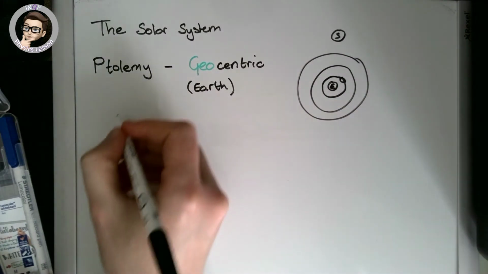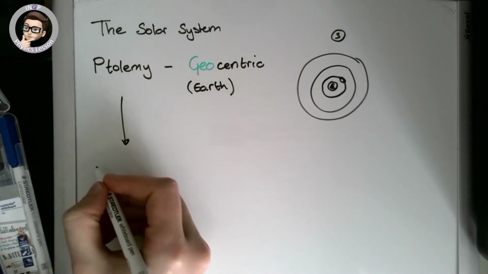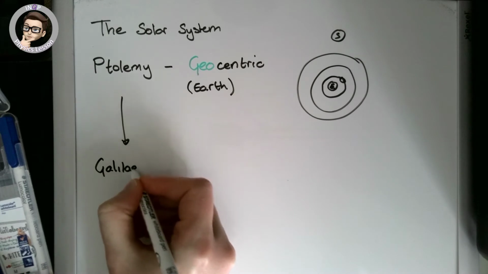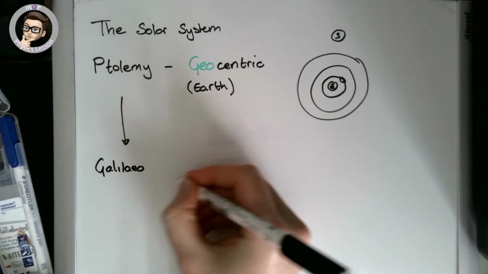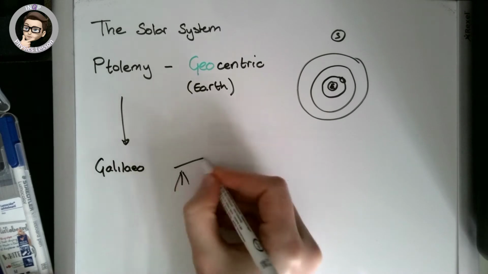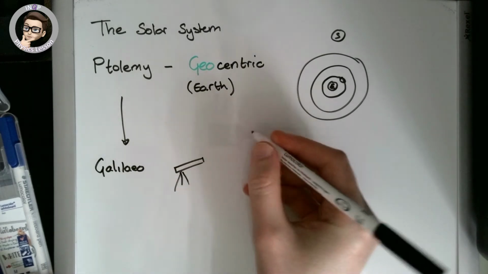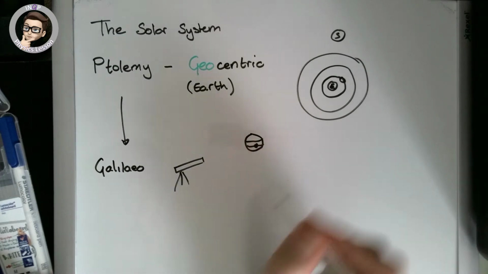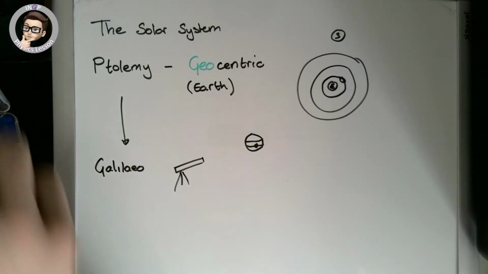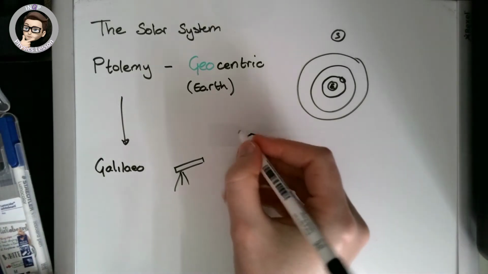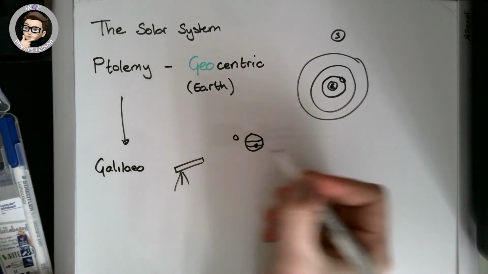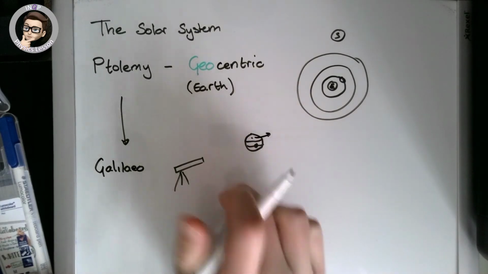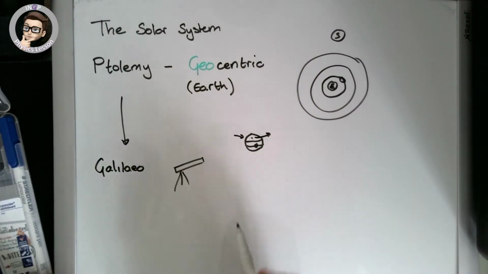Now, after a while, this was less accepted because a man called Galileo came along with one of the first telescopes, and he looked through the telescope and he could see Jupiter and its great red spot. And some days that he was watching it, he noticed that black shadows would move across the surface of Jupiter, and he could track them.